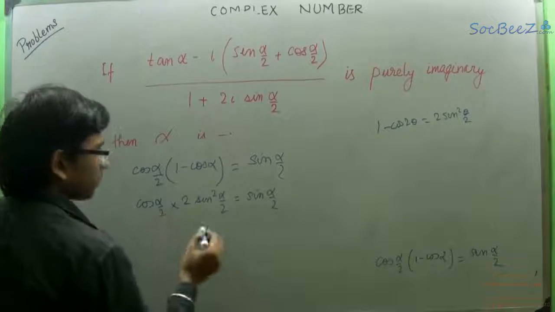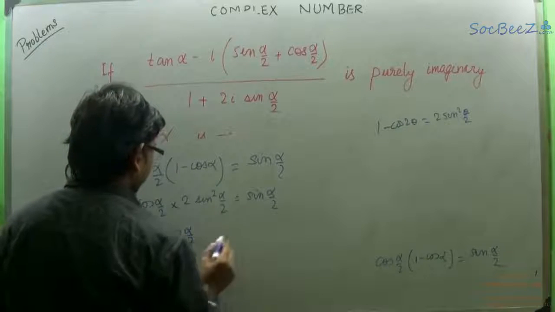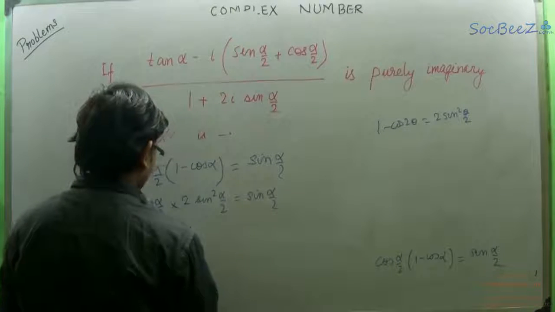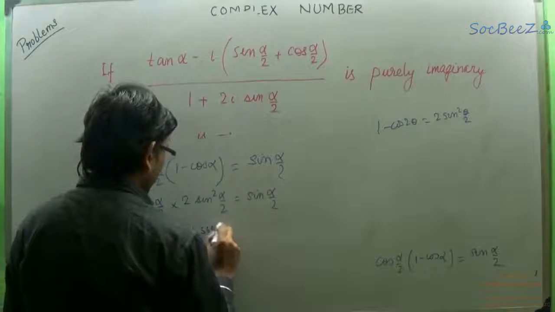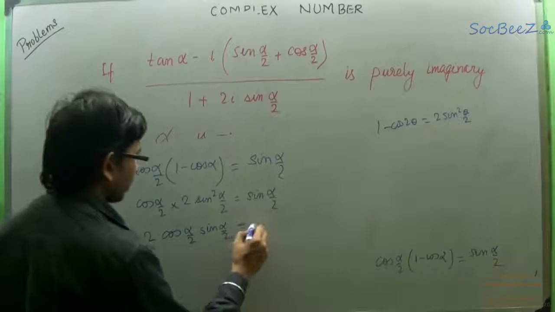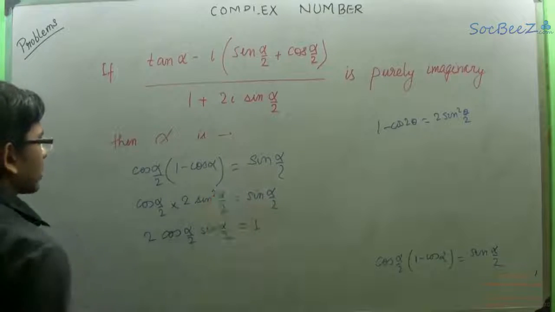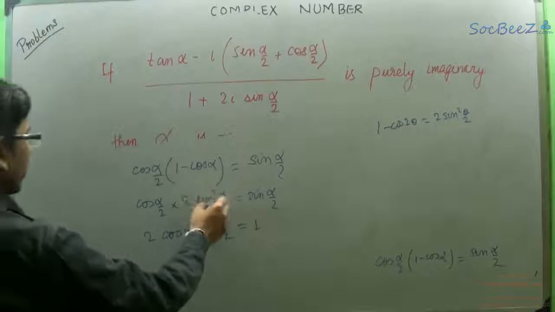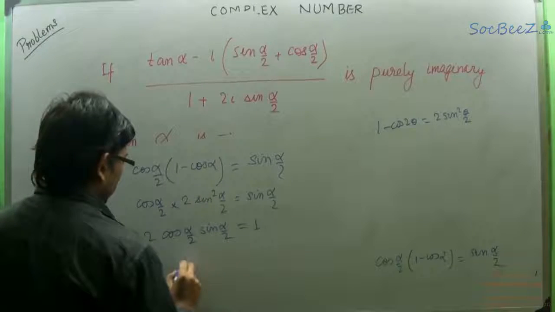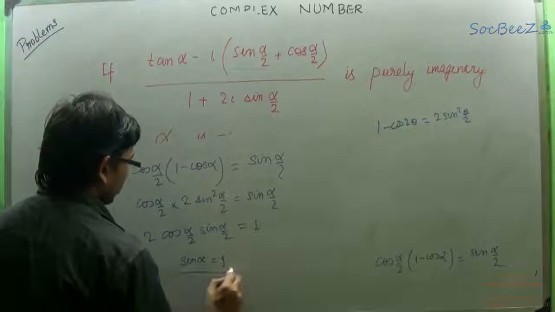So we have the expression cos alpha by 2 into sin alpha by 2, that is 2 cos alpha by 2 sin alpha by 2, is equal to 1. Okay, sin alpha by 2 cancels this sin alpha by 2, so 1 sin alpha by 2 here, 2 times cos alpha. That means sin alpha is equal to 1, isn't it?